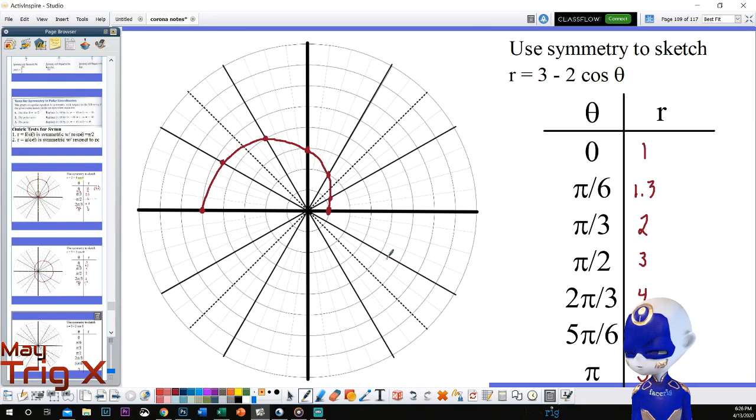Then I'm going to continue on with my calculator, find the first one under 3.14. That took me to 4.7. So 1, 2, 3, 4.7 is there. And then the next one was at 4, 3, 2, 1.3, and then 1, which is back on that same point again.